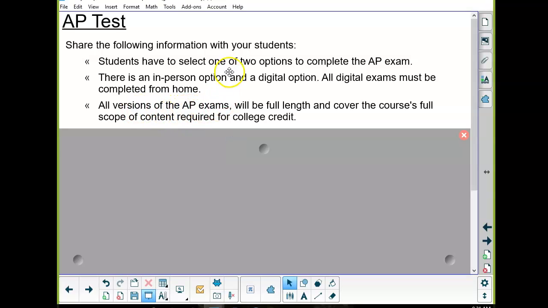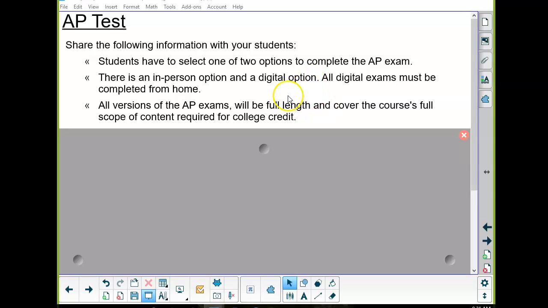But all of the versions of the tests will be full length and cover the course's full scope of content required for college credit, which means that everything we've covered is fair game.